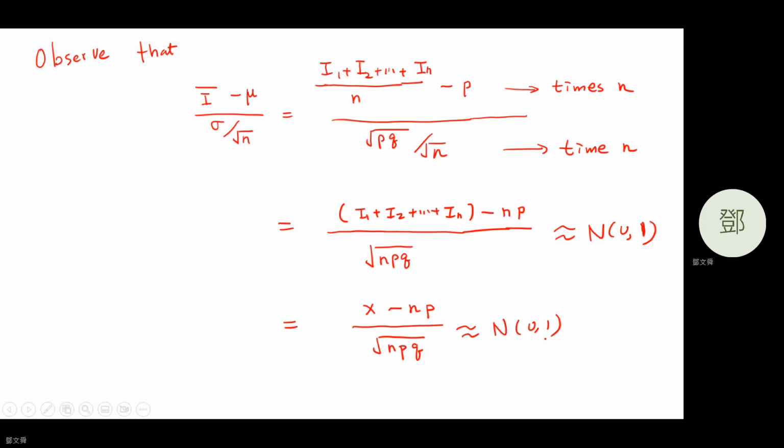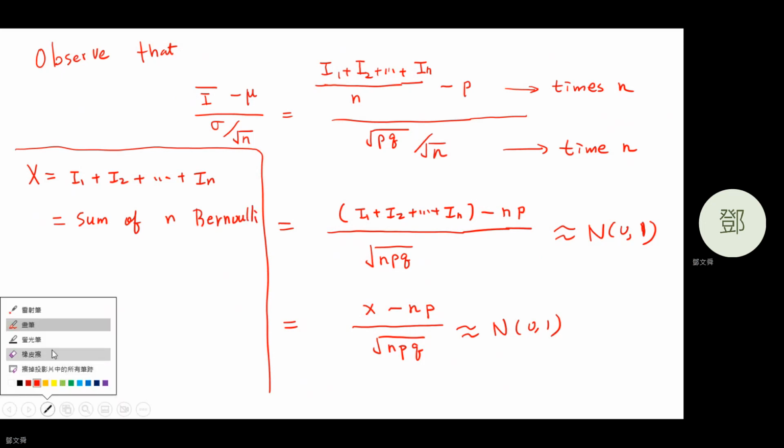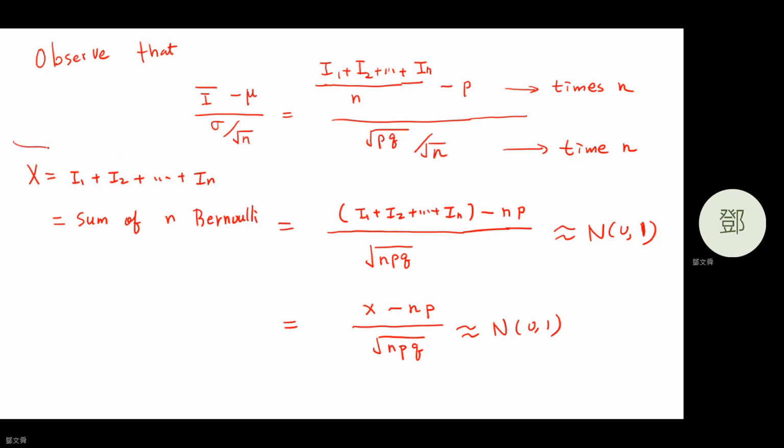Where x is equal to I1 plus I2 plus all the way to IN, the sum of n Bernoulli random variables. And it is equal to binomial.